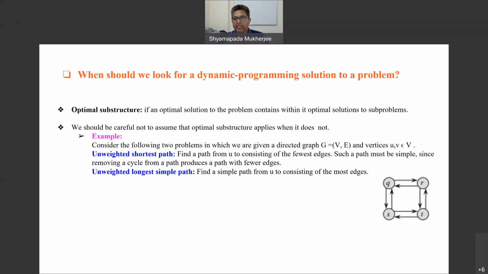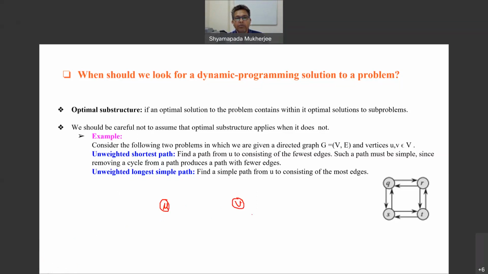If we see the given graph, that will help us to understand this. For the first problem, the unweighted shortest path, suppose we have one initial vertex u and another vertex v, and we want to find a simple shortest path. What is a simple path?